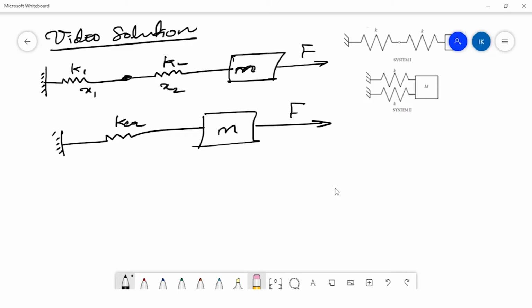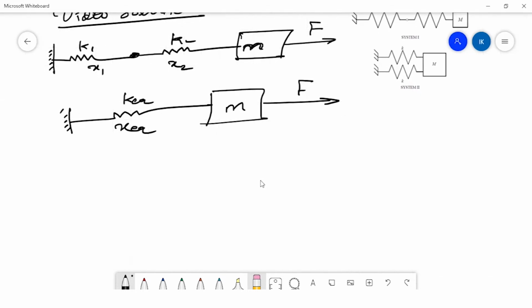Then the elongation of the spring will be x equivalent. Since K equivalent is the effective spring constant of K1 and K2 connected in series, the elongation will be the summation of the two: x equivalent equal to x1 plus x2.